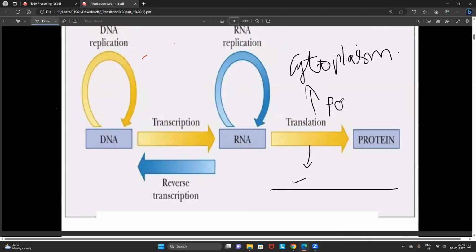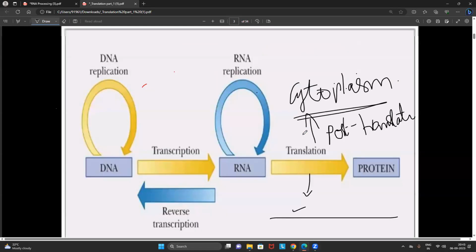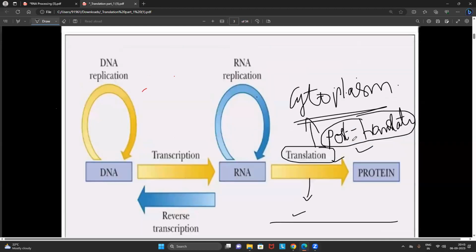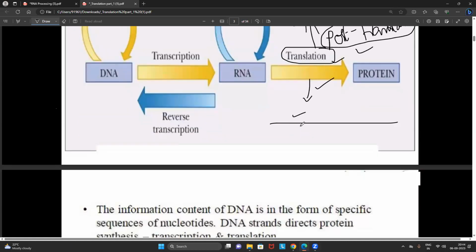What do we call those modifications? Post-translational modification. Again, where is it happening? Again in the cytoplasm. So my point is, whether it is a prokaryotic organism or a eukaryotic organism, the process of translation and the process of post-translation are both happening exclusively in the cytoplasm. Never ever get confused with that particular point. It's easy to remember and easy to understand.